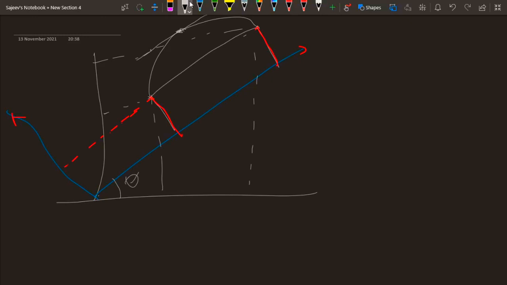To find c, you can just use the rotation formula again by putting theta equal to minus theta, and yeah, that's it. So we'll get this point if we do that, and that is the value of c.